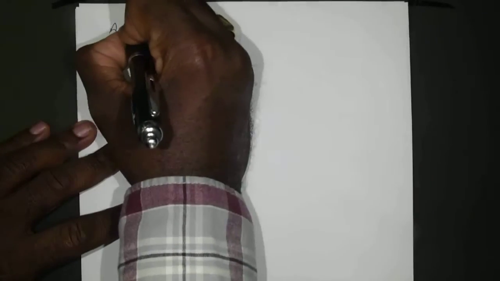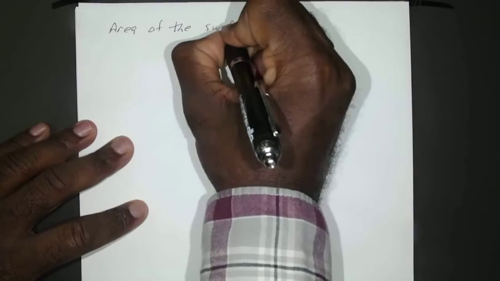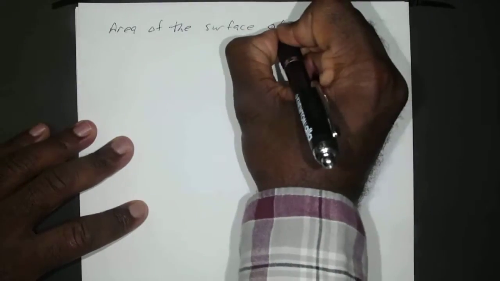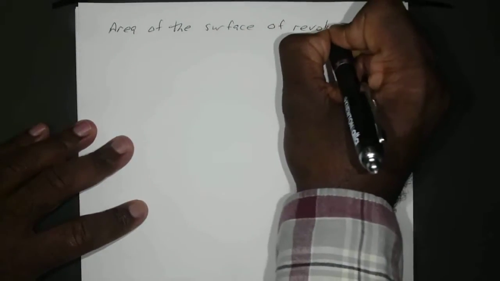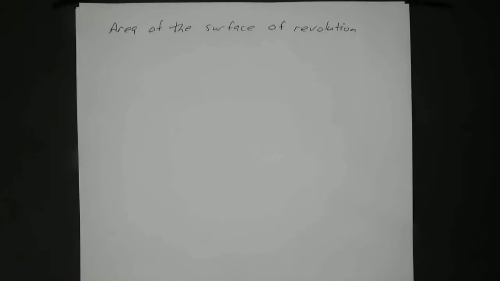So we're going to use that formula to find the area of the surface of revolution. Okay, so just like everything else we've done up to this point, we're going to somehow revolve this around the x or the y axis.